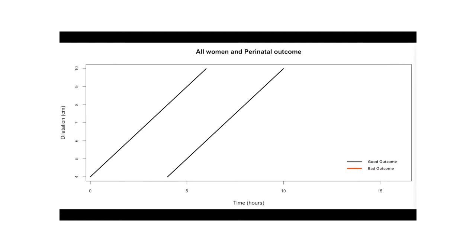And there are just as many women that actually progressed quite well on this side of the line, but had a bad outcome. You can see first the good outcomes. And now those with bad outcomes, meaning the baby had some sort of problem, but labour actually in most of them progressed quite normally.